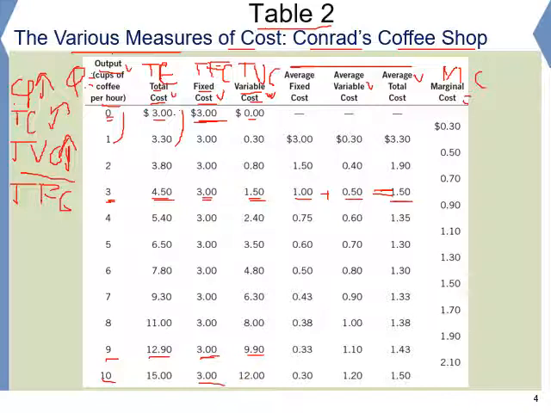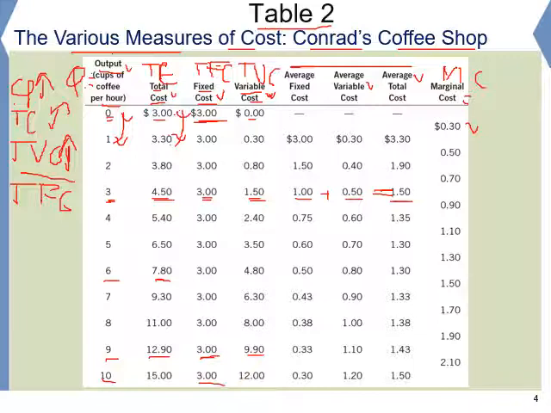For instance, here, to produce one more cup of coffee, you take $3.50 minus $3 divided by 1 minus 0. That gives you 30 cents. So if you want to produce 6 cups of coffee, the total cost is 750.